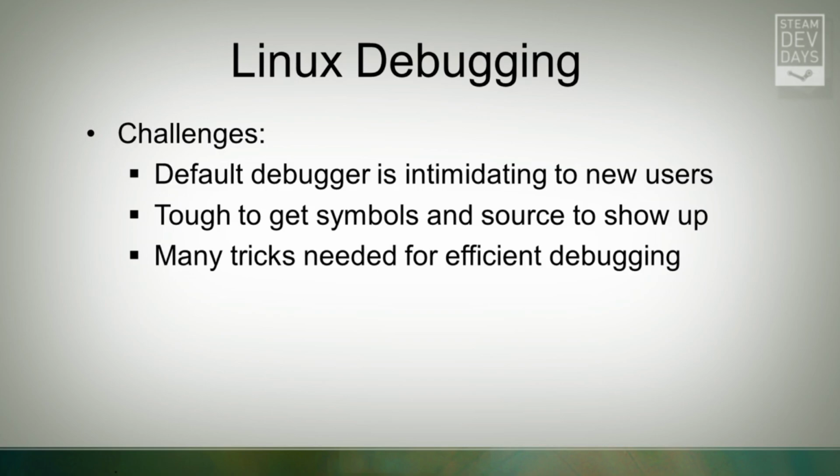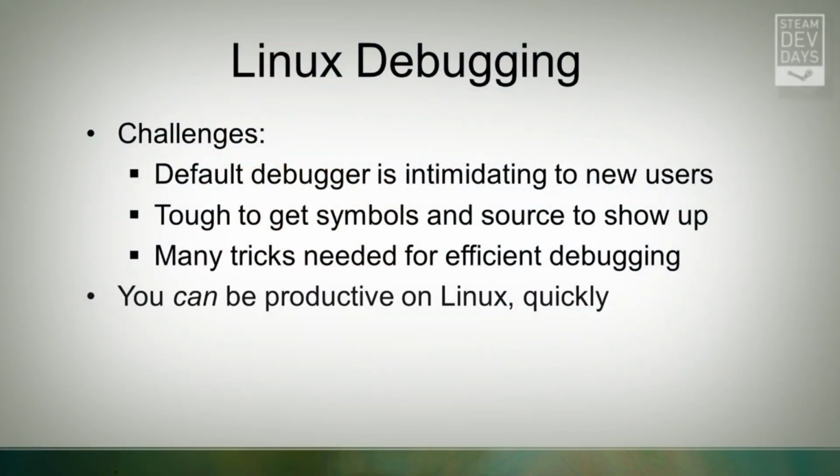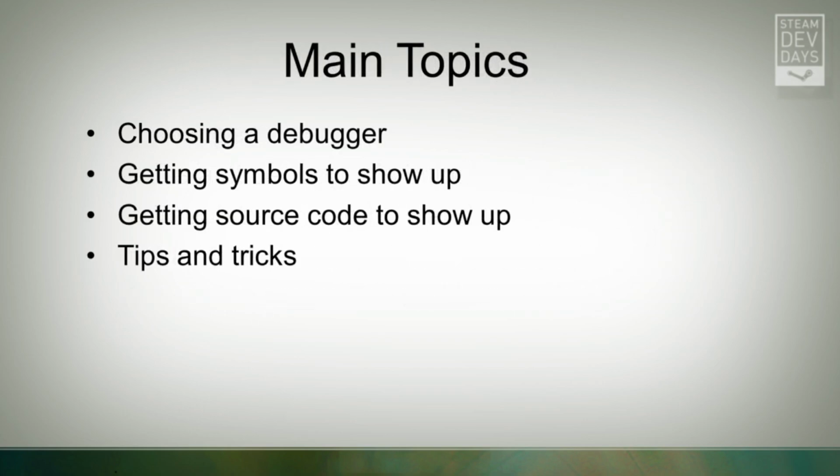And if you've been developing on Windows for years, you've developed a library of tricks, and you know the tools that you need to use to solve the many problems that developers have to deal with. And you have to start over on Linux. Well, the good news is you can be productive in Linux quickly. That's what we're going to do. And in the next hour, we're going to solve all those problems completely, 100%.